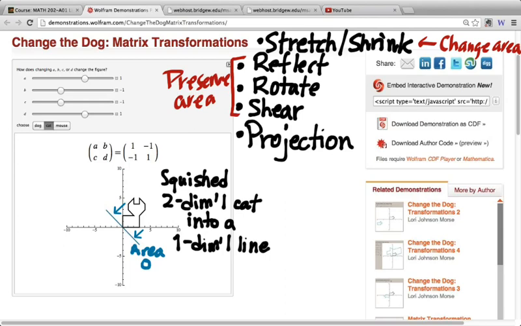And projection, what would you say projection does to area? Yeah, it eliminates it. It wipes it out. Because we somehow reduce the dimensionality of our object when we apply a projection.